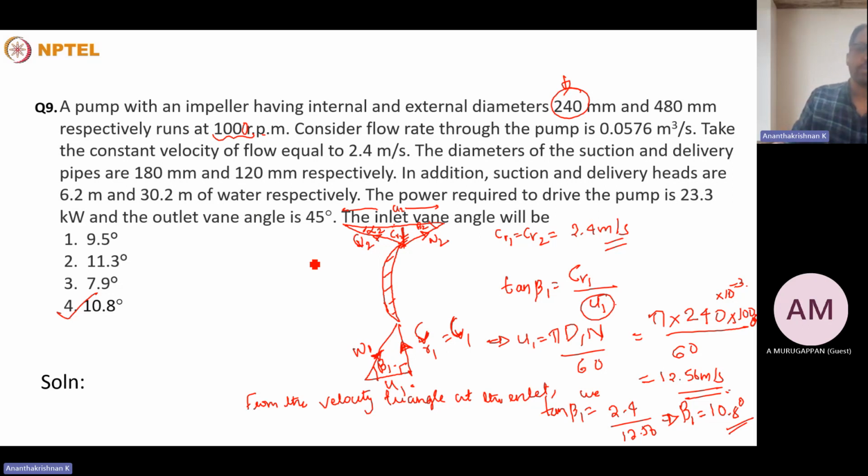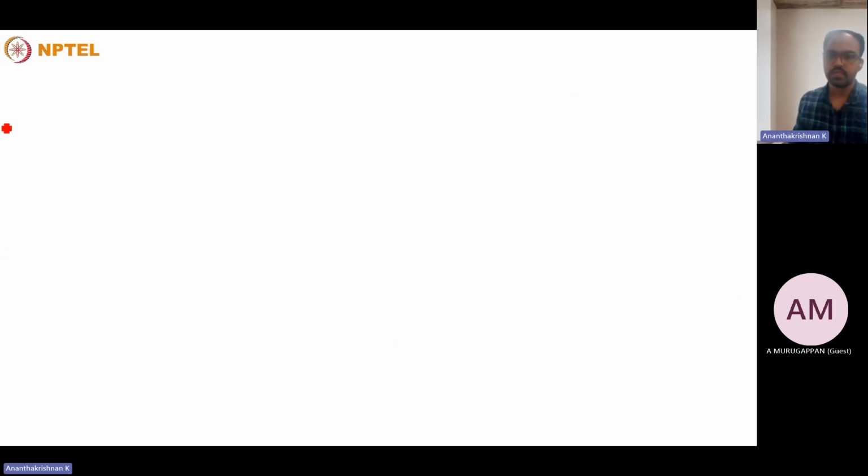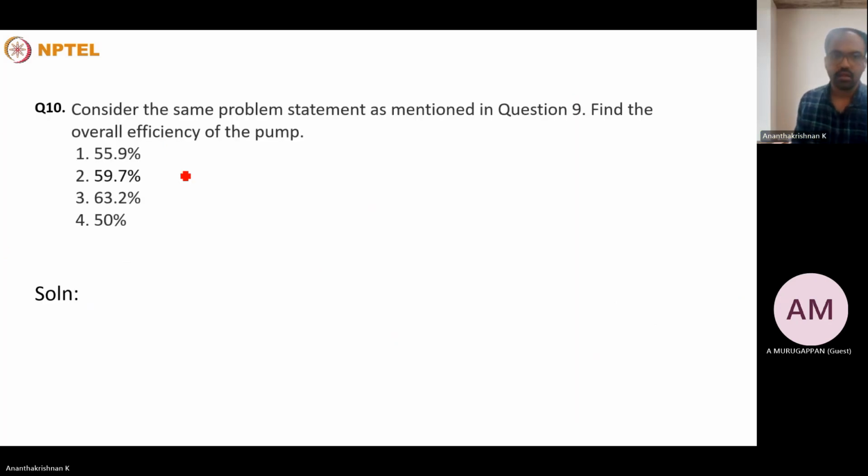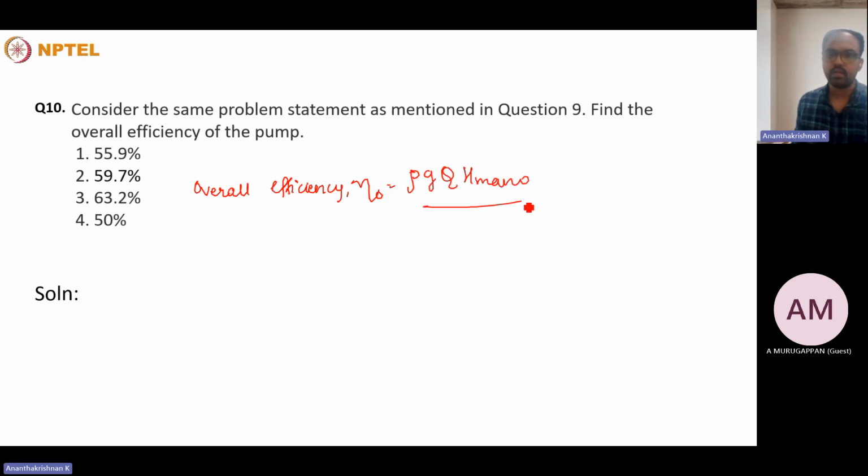It is a fairly straightforward problem. The second part of the problem refers to the overall efficiency of the system. The overall efficiency is given as the manometric head related power divided by the power input.